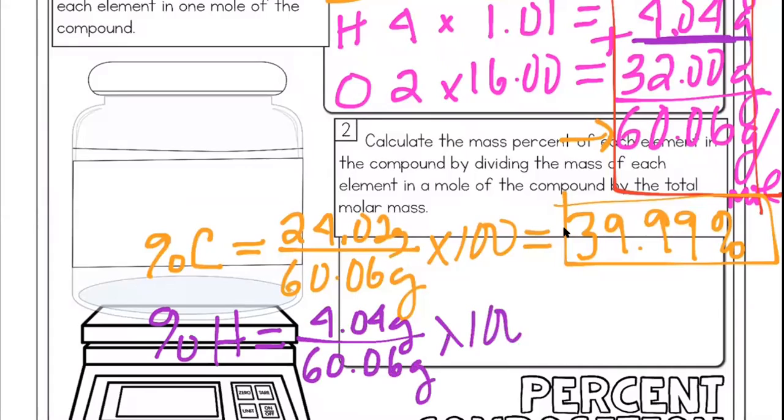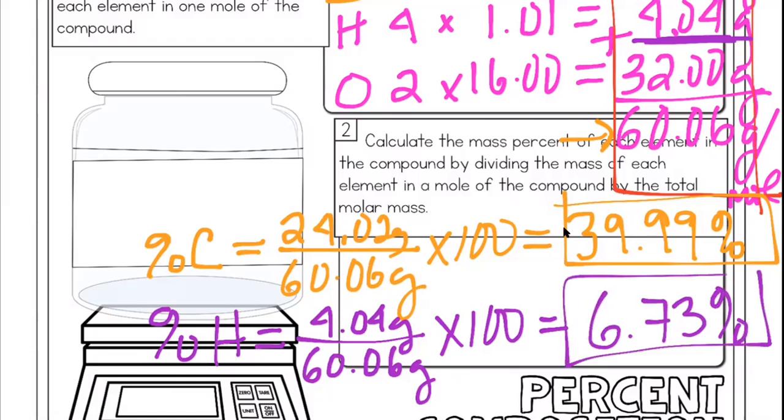And then times 100, and then same thing. Okay, so 4.04 divided by 60.06 times 100. And then again, I want to keep 2 decimal places. So this one's going to be 6.73%.